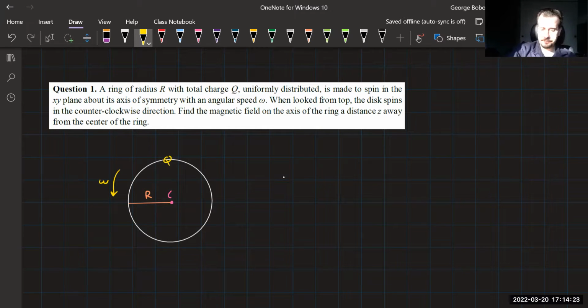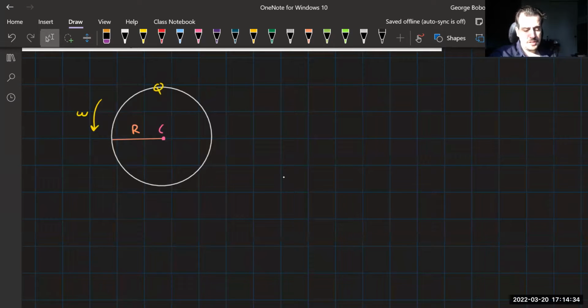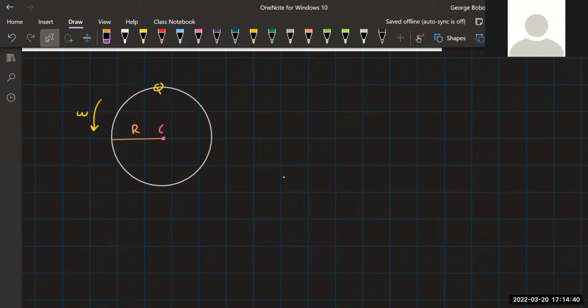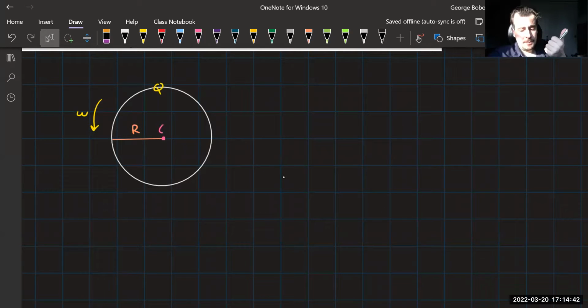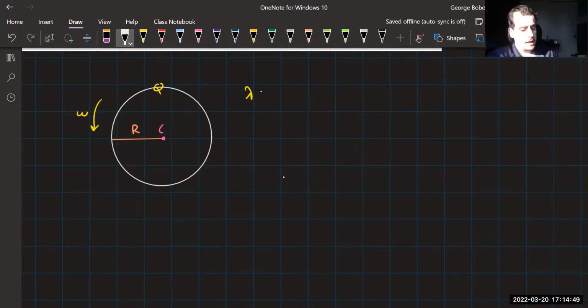Before I do that, can I ask Kelly, what dimension is a ring? 1, 2, or 3 dimensions if it's an infinitely thin ring? 1 dimension. So it's best described by lambda, sigma, or rho? Lambda. Do you think you could get me what lambda is here?